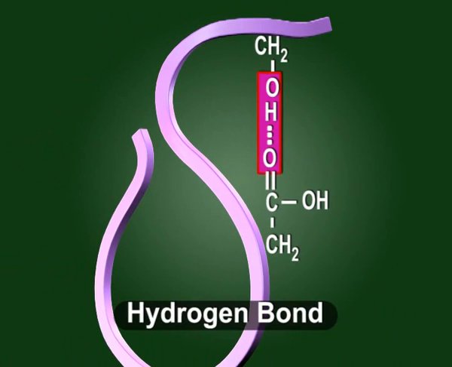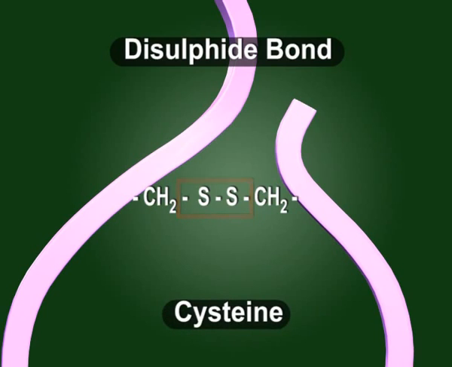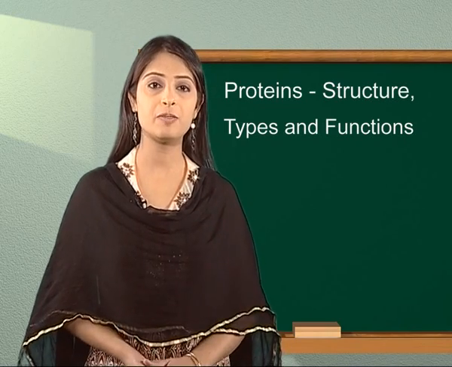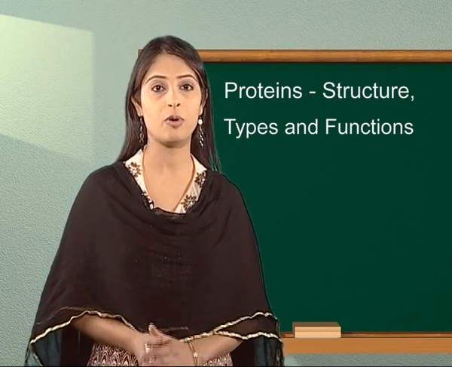These bonds are formed due to sharing of hydrogen proton by two electronegative atoms. Disulfide bond. It is formed between two amino acids containing sulfur as cysteine. Students, out of these bonds, disulfide bonds are the strongest of all the bonds.